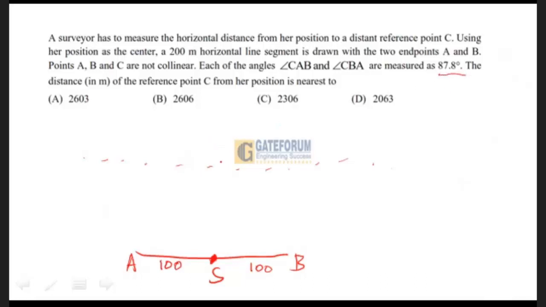So we understand that this can only be possible if C lies in a perpendicular direction to S, because then this will be an isosceles triangle. Both the sides will be equal and hence the angles will also be equal. So now we have to find the distance in meters of the reference point C from her position.